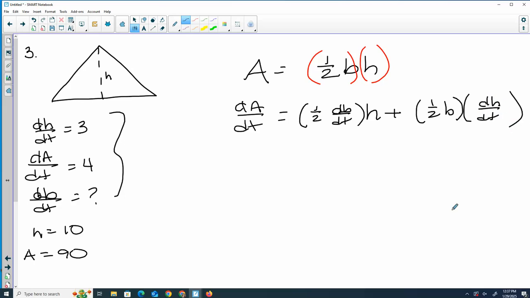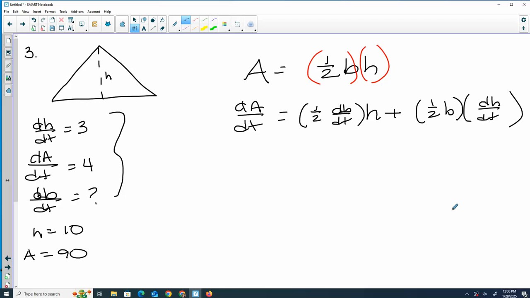A lot of times we simplify before we take derivatives so we don't have as many variables, but here I needed to keep all of them because I'm asking about their derivatives. We try to get rid of one if I don't give you any information for that variable.